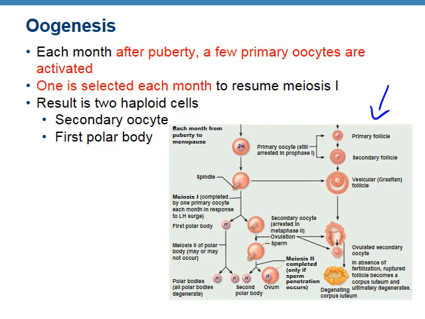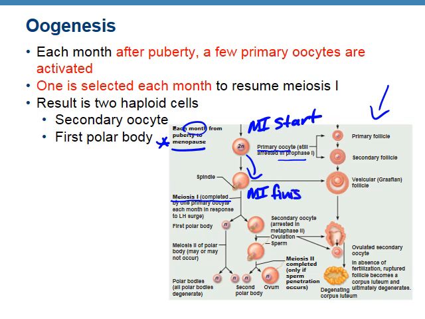This is the next section of that figure from the textbook. So now we're talking about puberty. So puberty to menopause. Your primary oocyte that was stalled, every month, so each month, one of those primary follicles is going to finish meiosis 1. So it says meiosis 1 is completed. So here we started meiosis 1 and we don't finish meiosis 1 until each month from puberty to menopause.